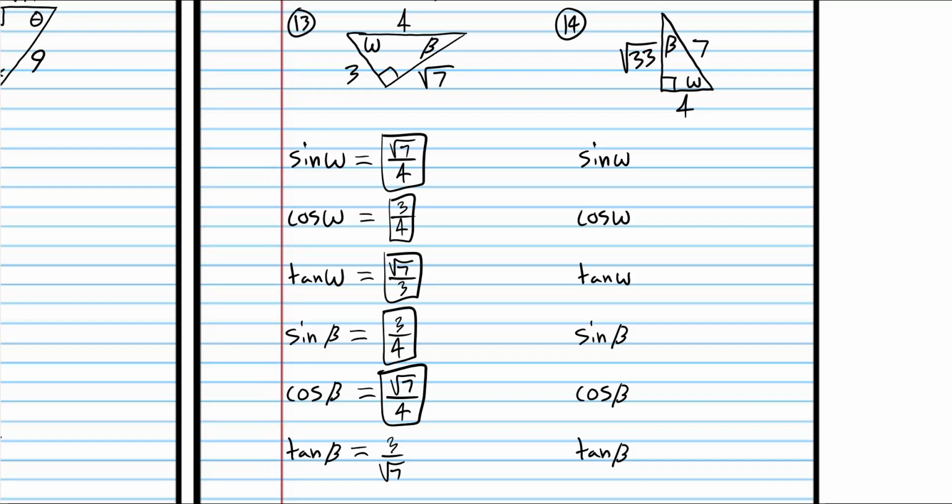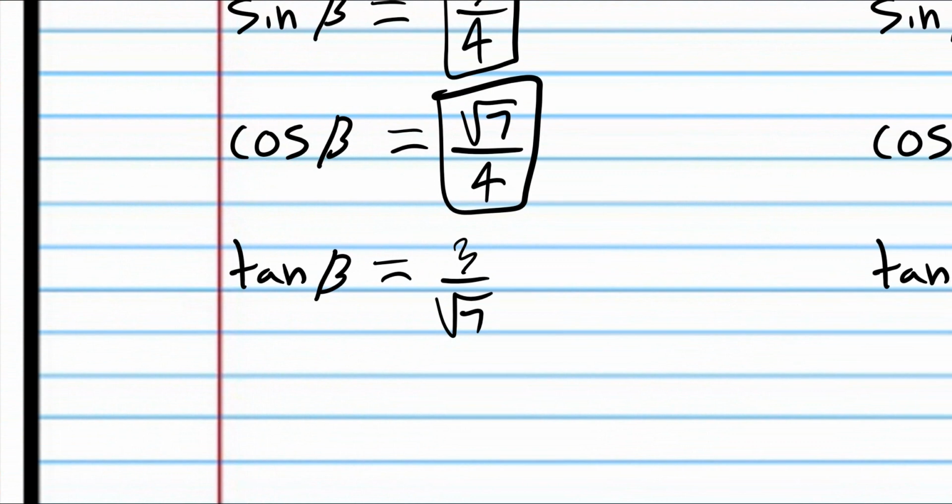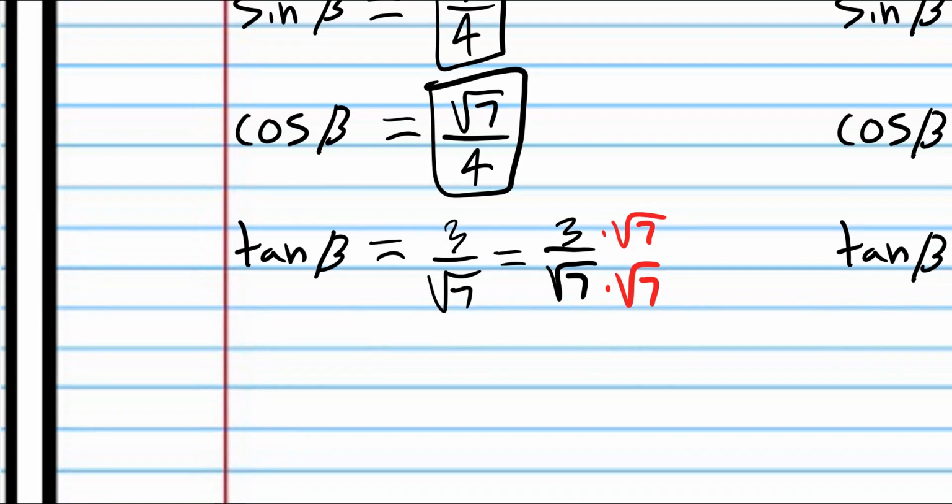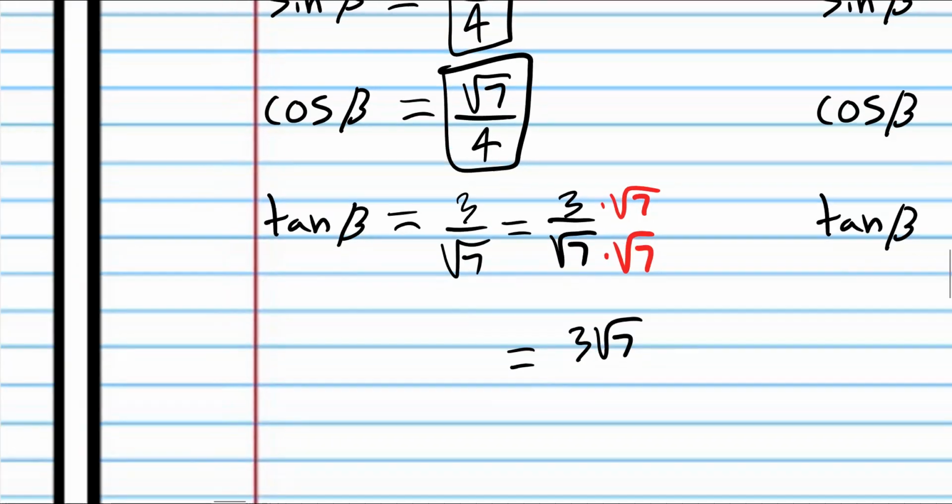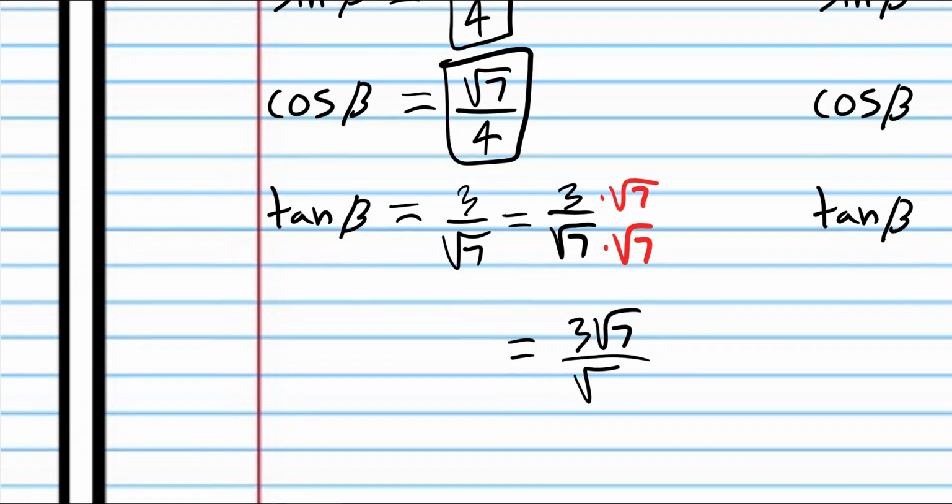And now we've got a problem because we have a root in the denominator. We're not allowed to have a root that produces an irrational number in the denominator. So we're going to multiply both sides by root 7, and we get 3 root 7 over root 49.